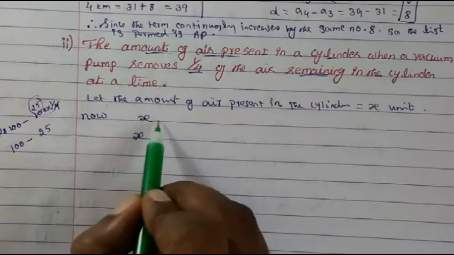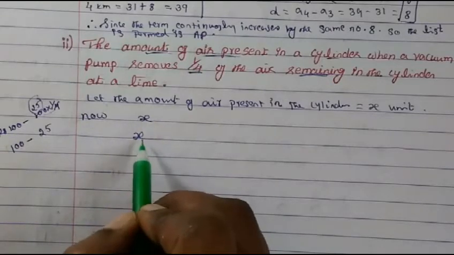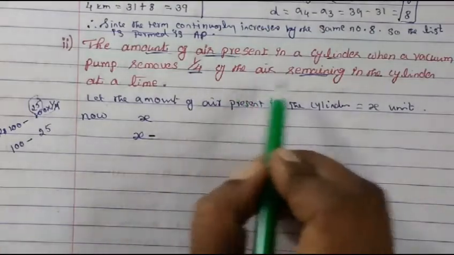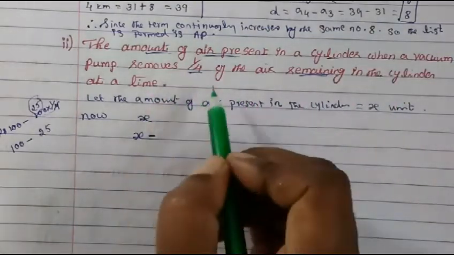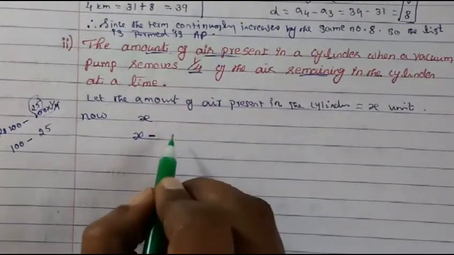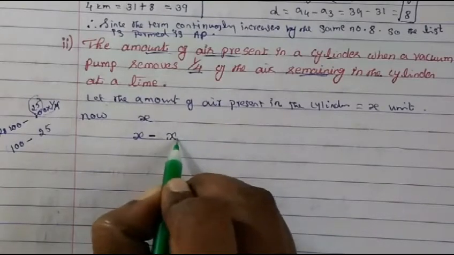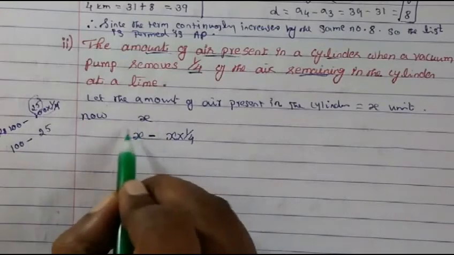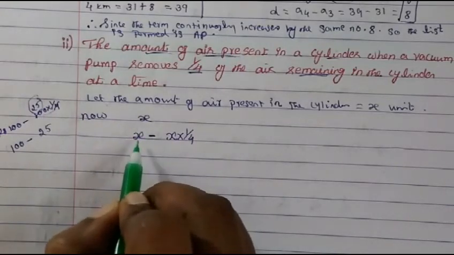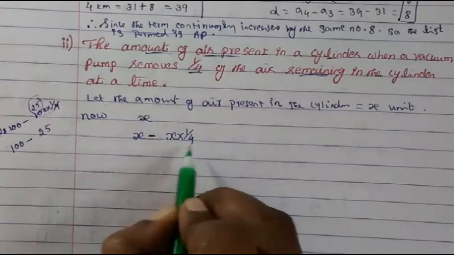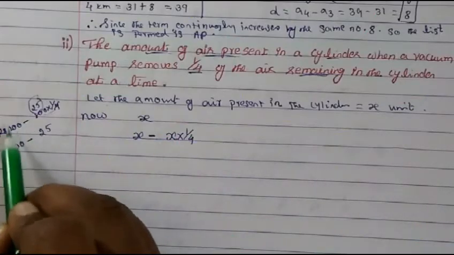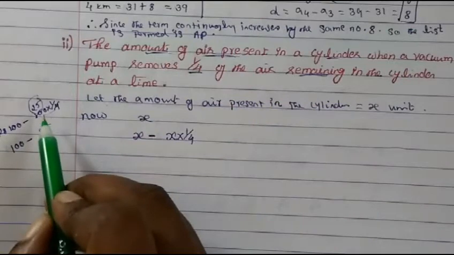So first, X amount of air is present. Second, from that X amount of air, the vacuum is pumping out 1/4 of the air. So 1/4 of the air means from this X amount of air, we have to pump out 1/4. Exactly like here: I have 100 rupees, then I want to spend 1/4 of 100 rupees.